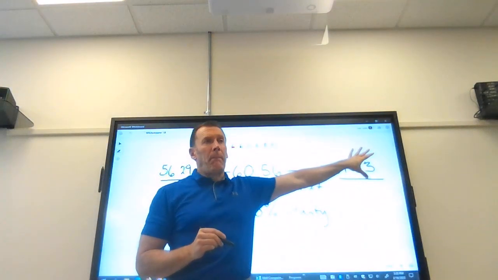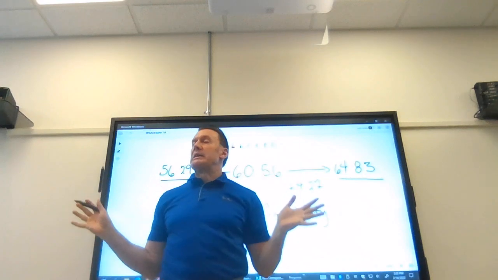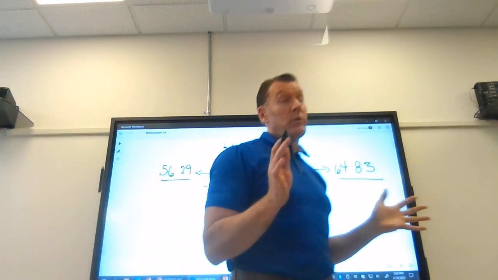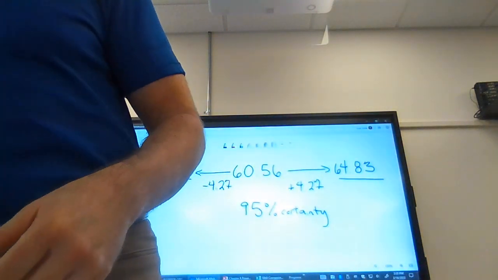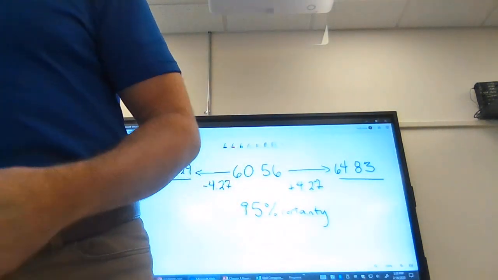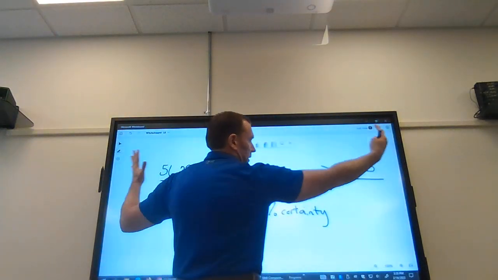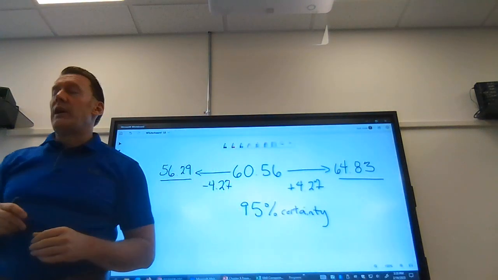That's what a confidence interval is. Does that make sense? If we wanted to be stricter, we could make a confidence interval for 99% certainty, but that would be a broader range, and that makes sense, because if we want to say 99% certain, then we want to spread it out a little bit.